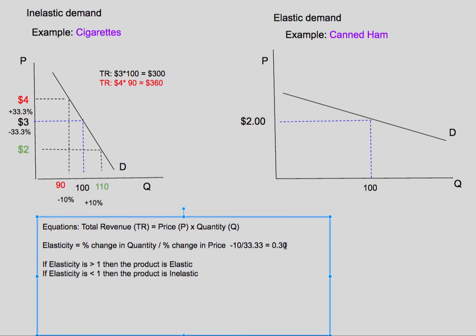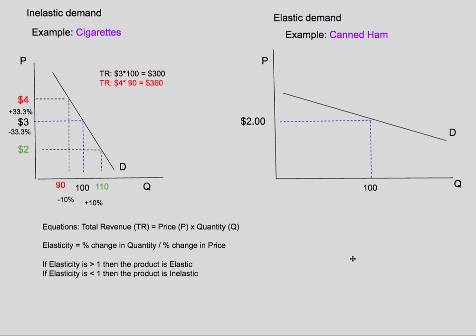So now let's look at elastic demand. So let's see what happens when we apply the concepts here. So let's say we raise the price by, let's just say, 10%. So we'll go to $2.20. What percentage increase is that? Like I said before, it is plus 10%.